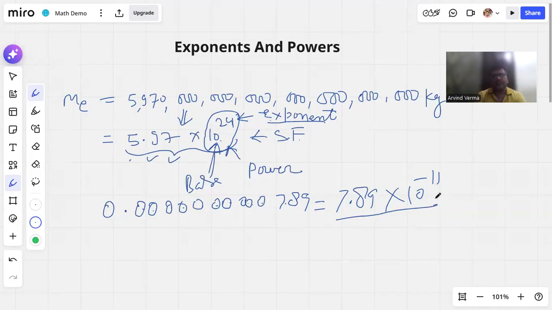This is your standard form. We will discuss in detail, but now it is clear why we should study exponents and power: just to read, understand, and compare very large and very small numbers. Just convert it into the standard form and you are good to go.